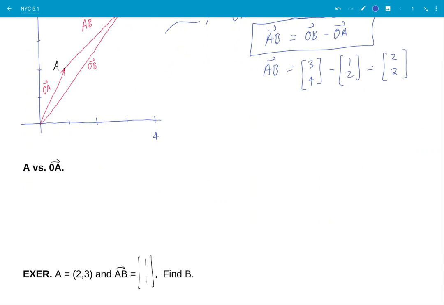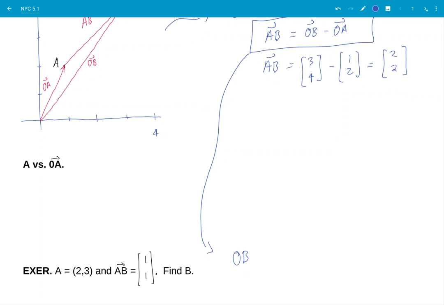Okay, exercise, pause, copy, try. So this one's a bit different. You want to take this equation and solve it for what you want.